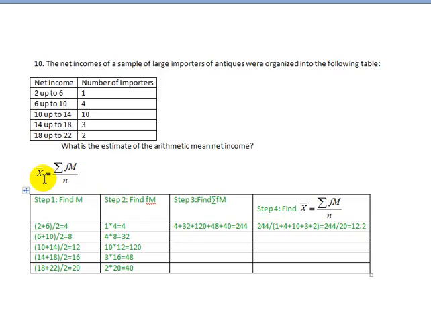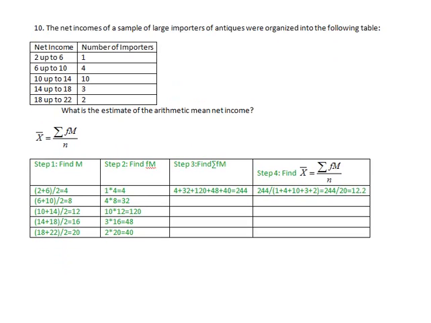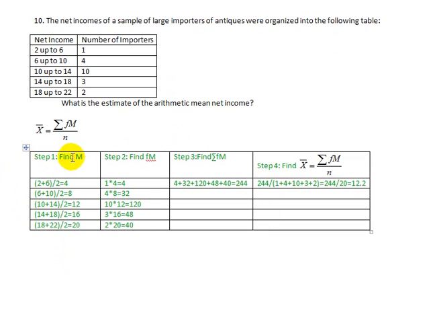So here, x bar equals sigma frequency times midpoint, where m is the midpoint, divided by n. That is the formula for finding the mean number for grouped data. So let's check this out. First step, find m, the midpoint of the classes.